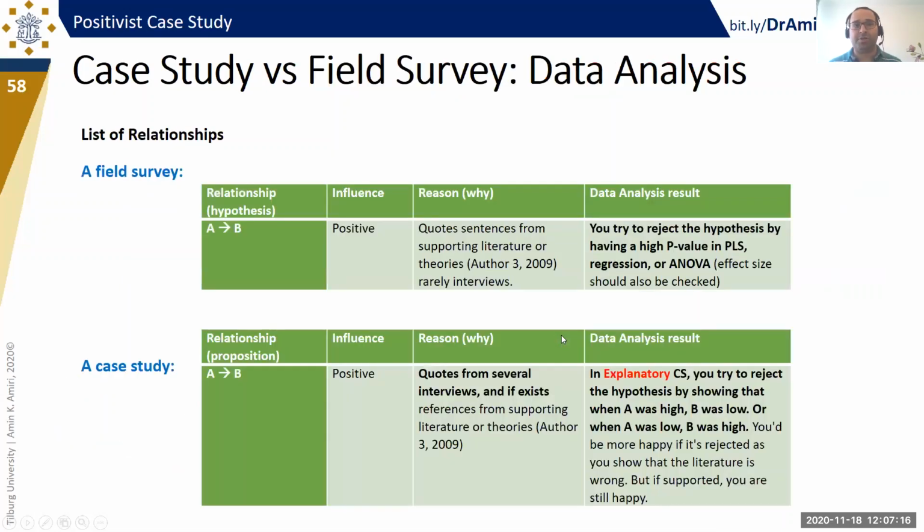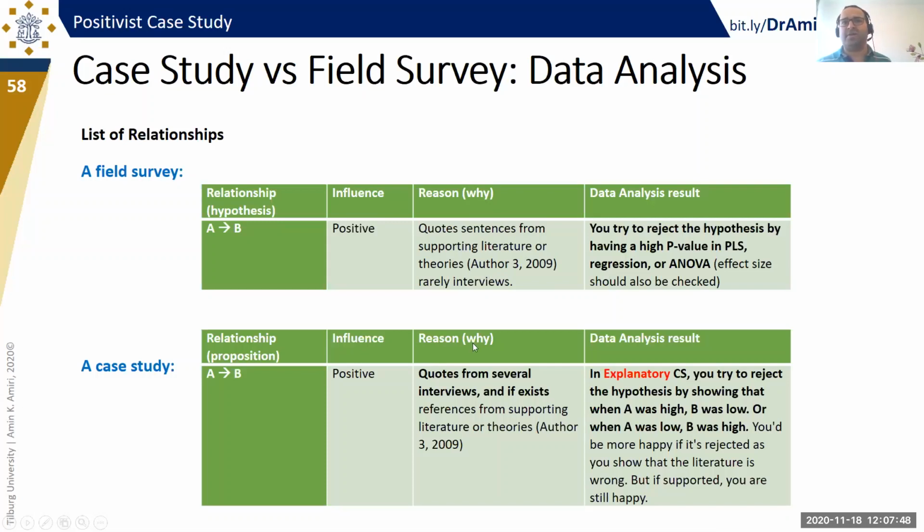How about relationships? In a field survey, you want to figure out if A and B have a positive correlation or not. So what you do is you use data analysis. You try to reject the null hypothesis by having a low p-value, for example, in regression analysis, ANOVA, or PLS. You also try to provide some reasons using the literature.